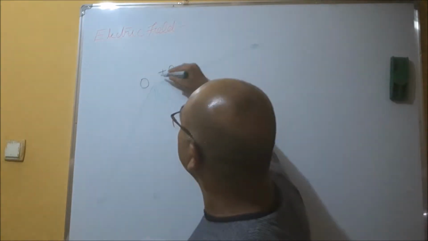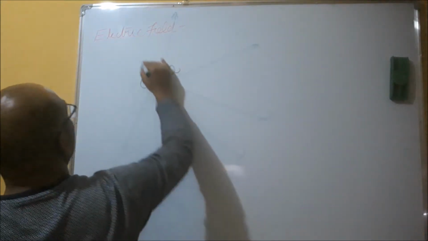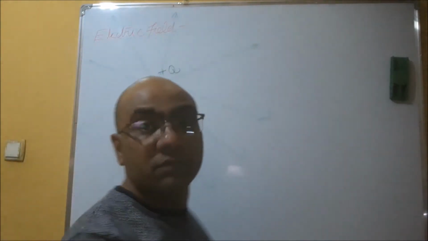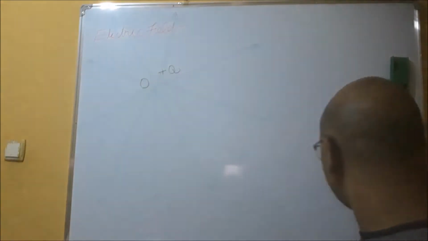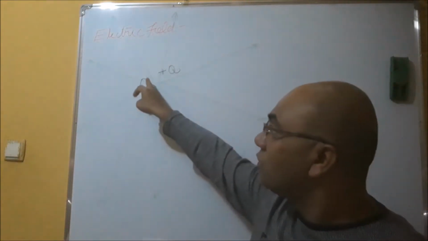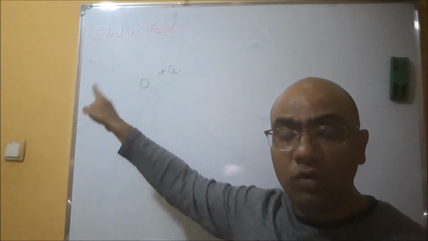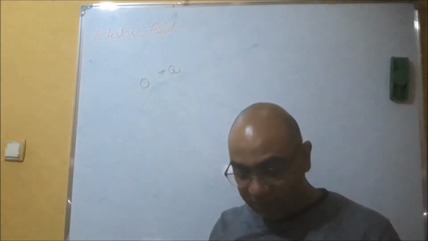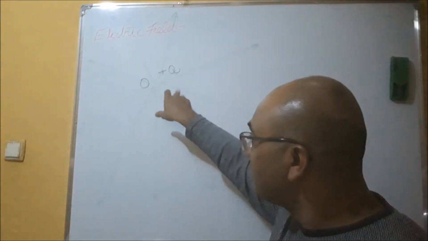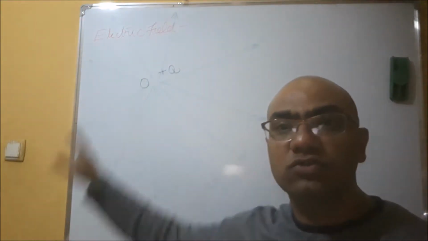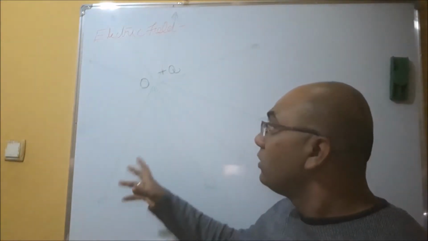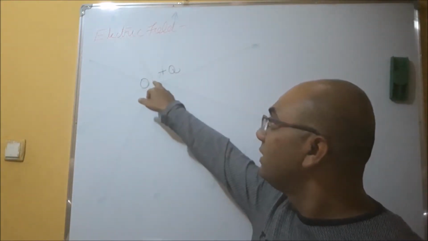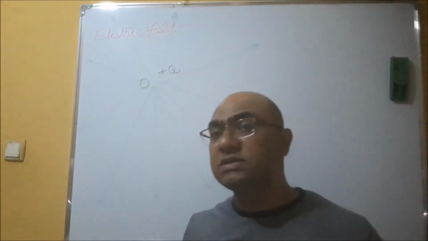So in all directions radially they will move towards infinity. We are assuming for this point charge plus q, which is placed at O, its corresponding negative point charge is placed at infinity. So these are the electric field lines moving from this point O in all directions radially.